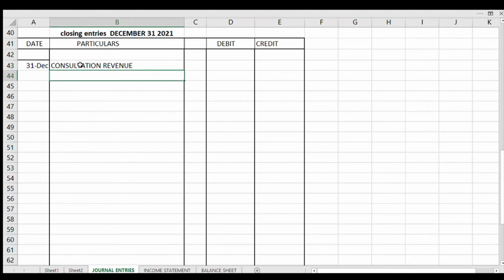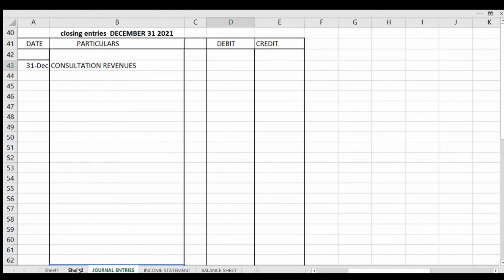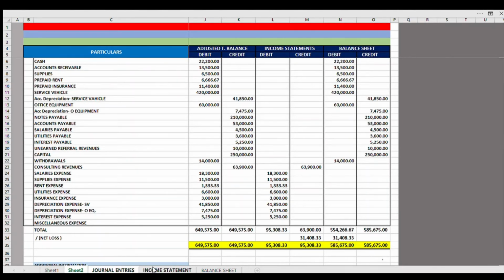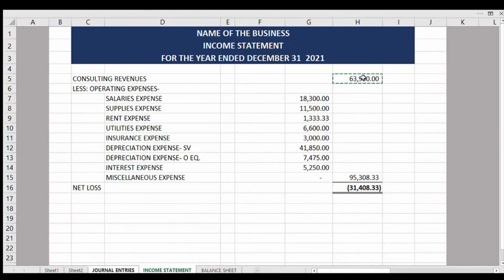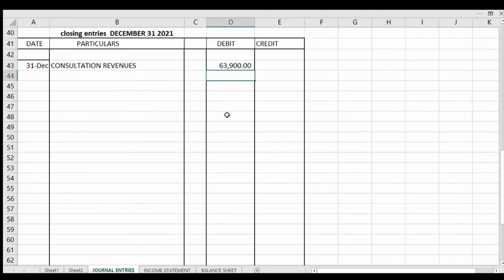Actually, the only income account that we have. So let's pick up the amount from the income statement. We'll pick it up and we will close it to the income and expense summary.